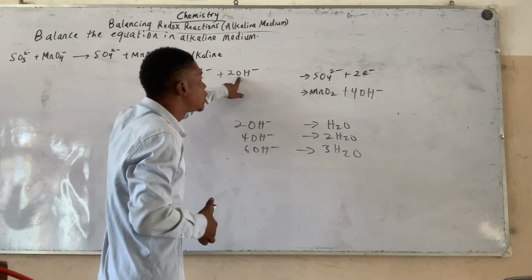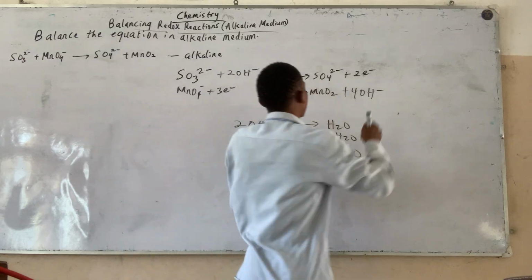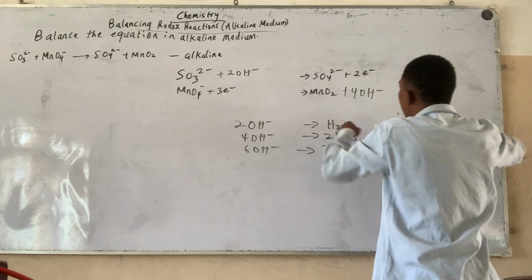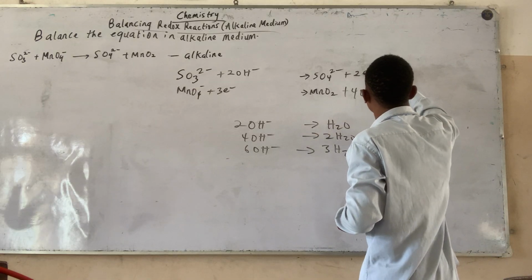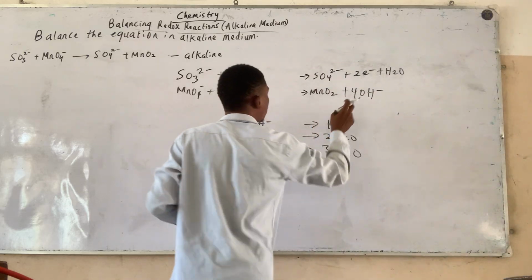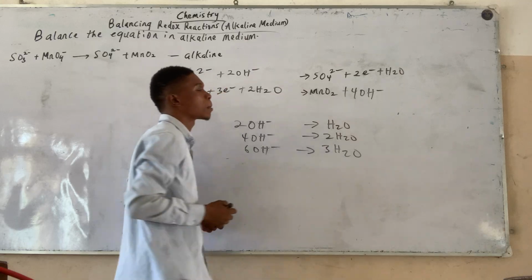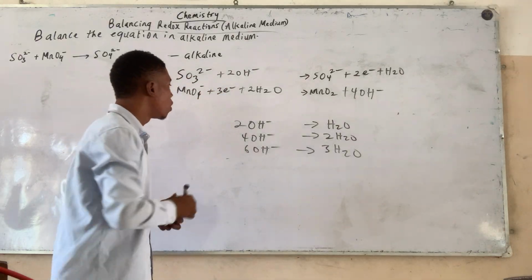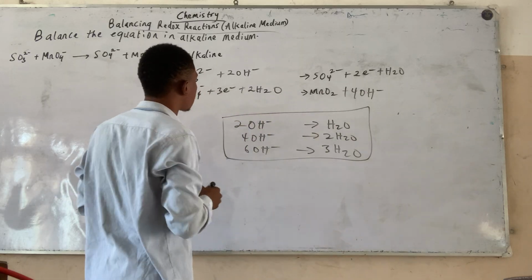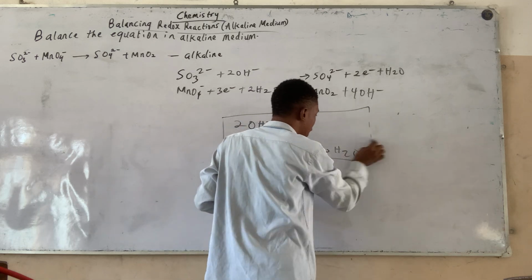Now, we have 2 OH minus here. We cannot balance OH minus in this place. We have to balance it on the other side. And to balance 2 OH minus, we have to add 1 H2O. To balance 4 OH minus, we have to add 2 H2O. As simple as that, following this rule. So we are done with balancing our oxygen and hydroxide.